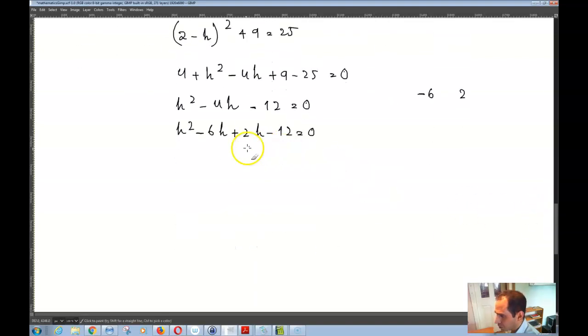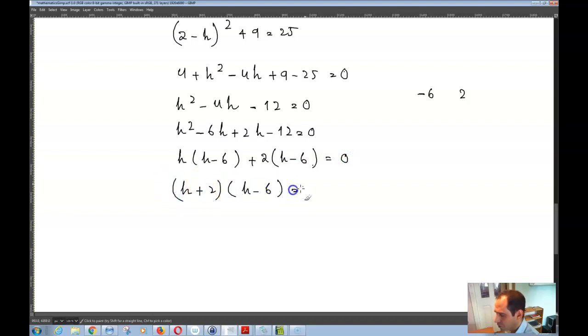And so I can write h times h minus 6 plus 2 times h minus 6 is equal to 0, or h plus 2 times h minus 6 is equal to 0. That means that either h plus 2 is equal to 0 or h minus 6 is equal to 0.